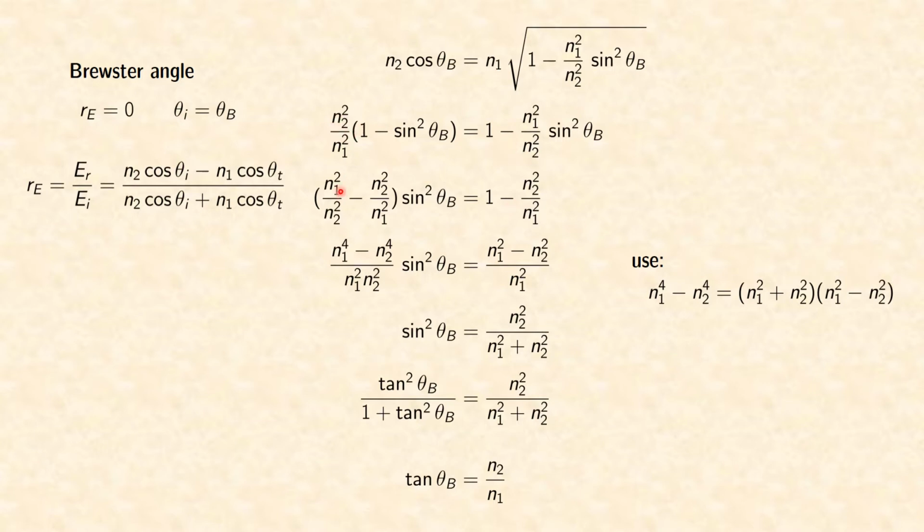So here we have plus n1 over n2 squared minus n2 over n1 squared times sine squared theta b. And on the right-hand side, 1. And from this one, we have this n2 over n1 squared.